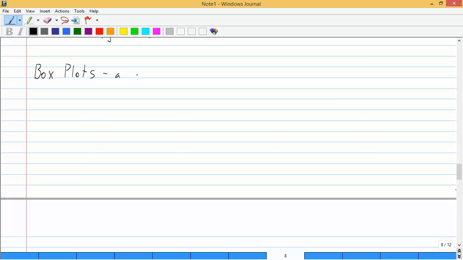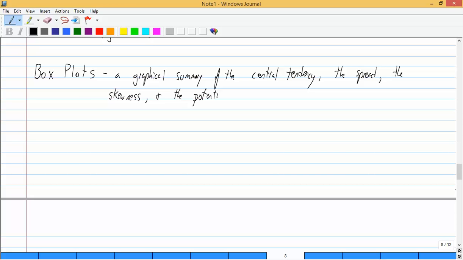So a graphical summary of the central tendency, the spread, the skewness, and the potential existence of outliers in the data.